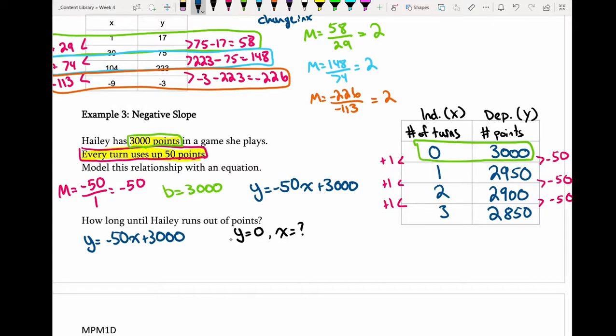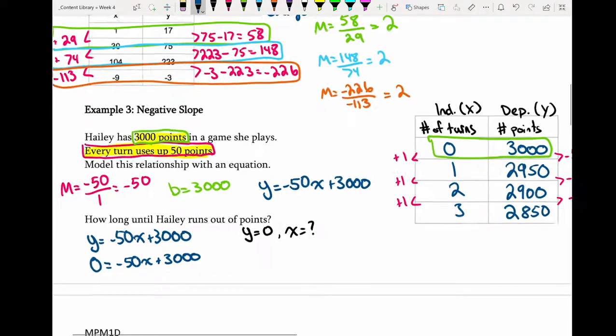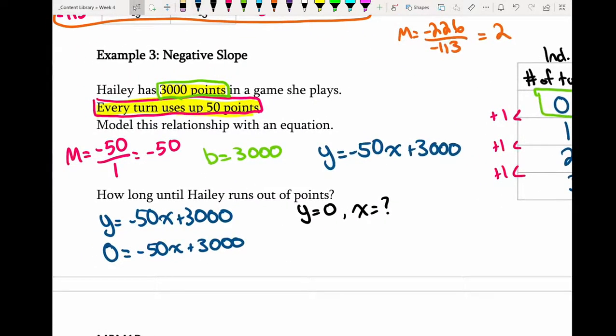So I'm going to take this value of y equals 0 and plug it into the equation. Now I'm left with an equation that I can solve for. I can solve for x now because I only have one variable.